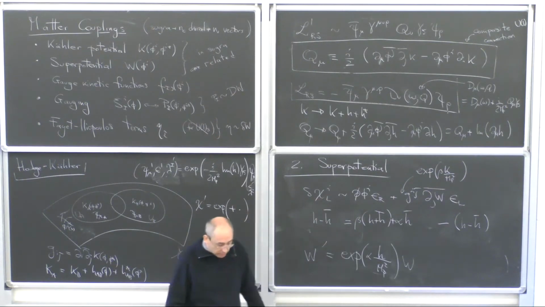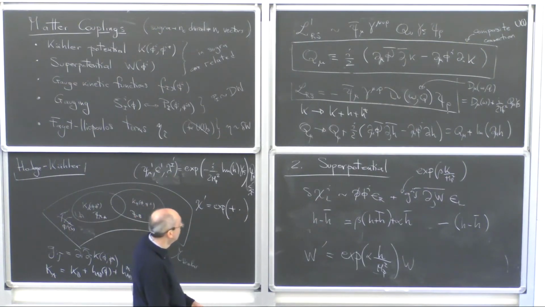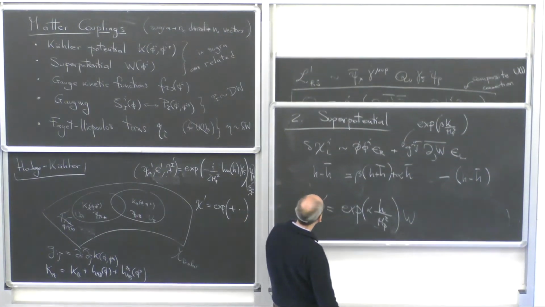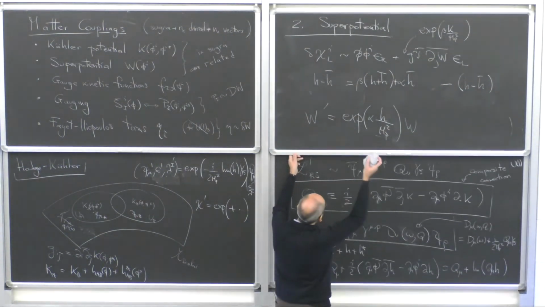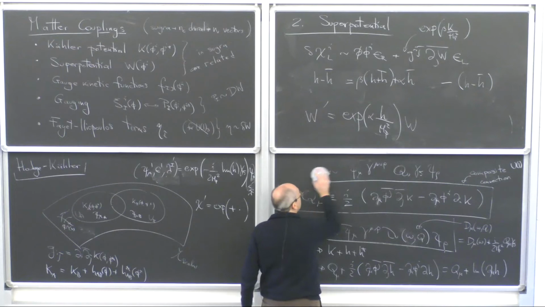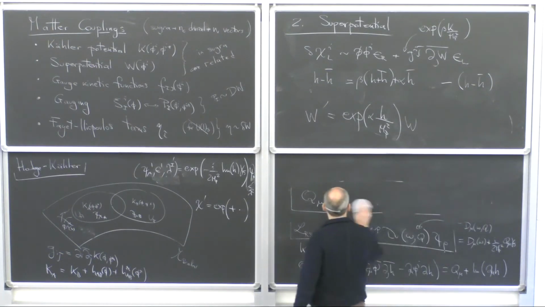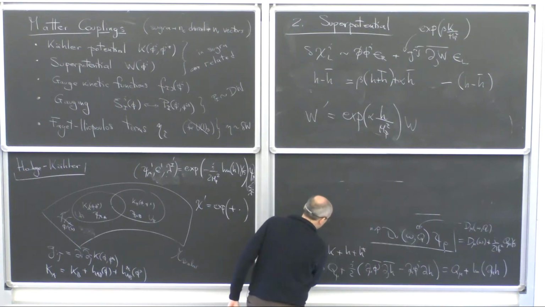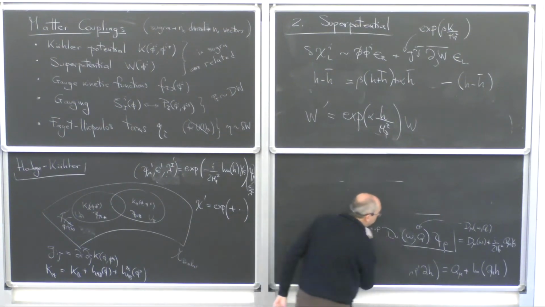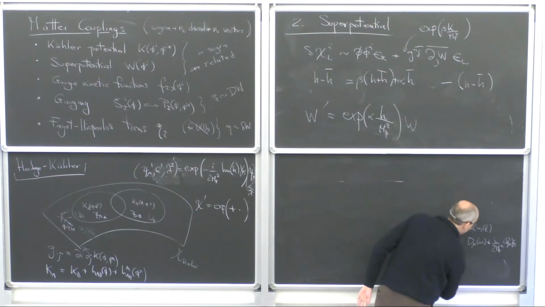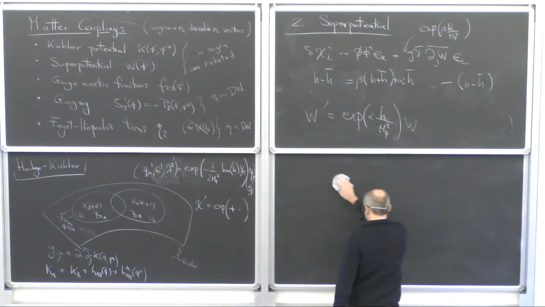So let me actually do it explicitly for the gravitino. Well, I could do it there as well, but there is an additional complication, which is the fact that you also have the derivative there of the superpotential, and I will come to that in a second. But the same structure you have for the gravitino.